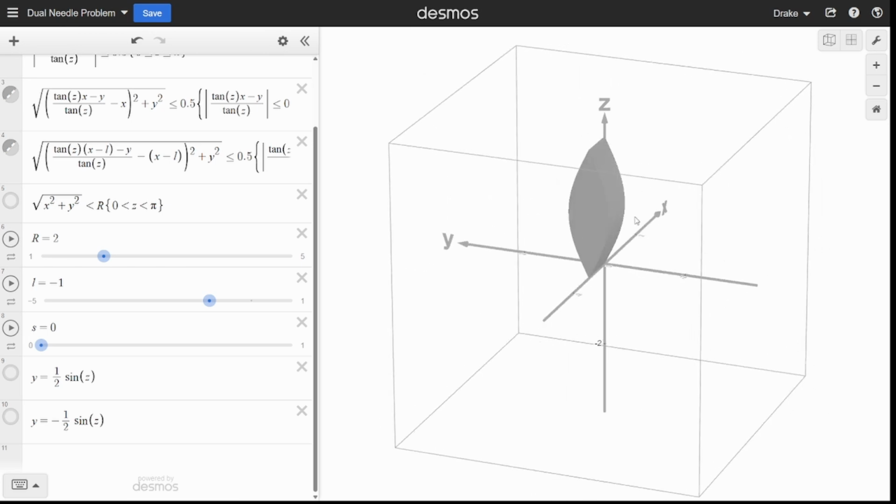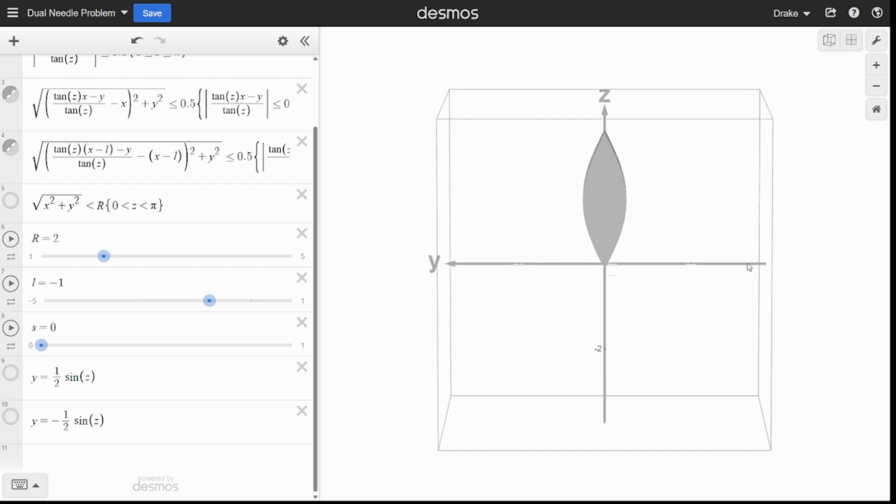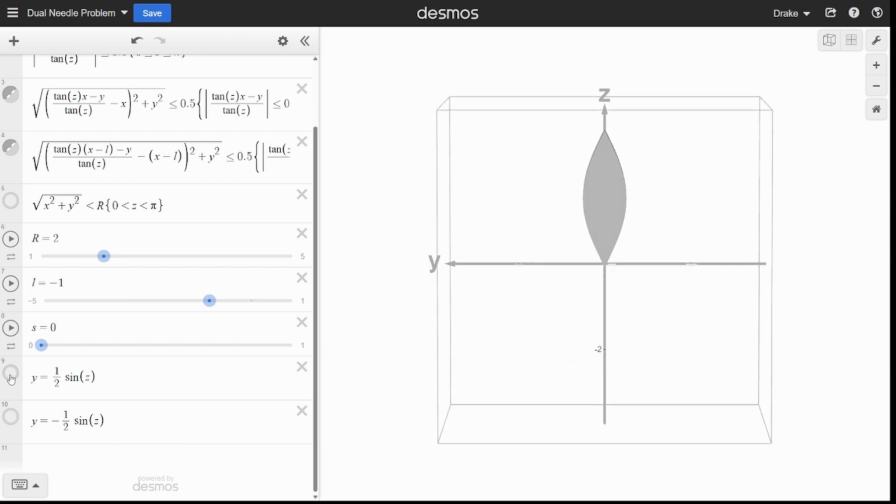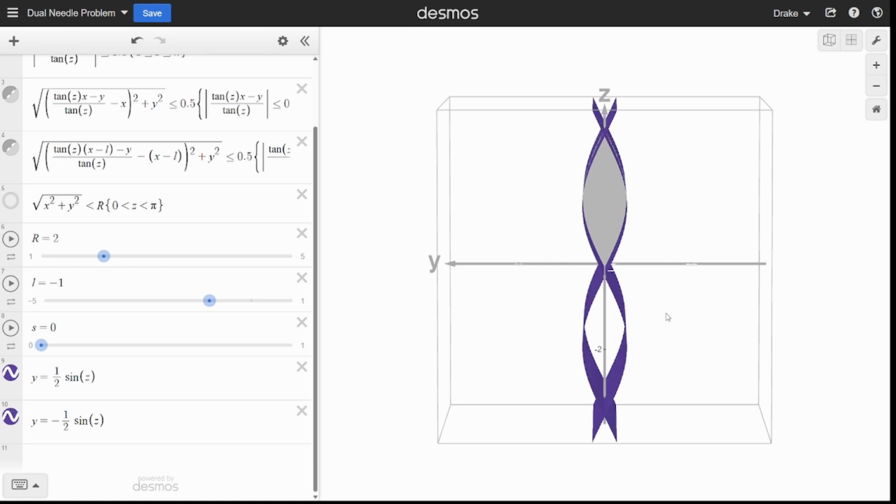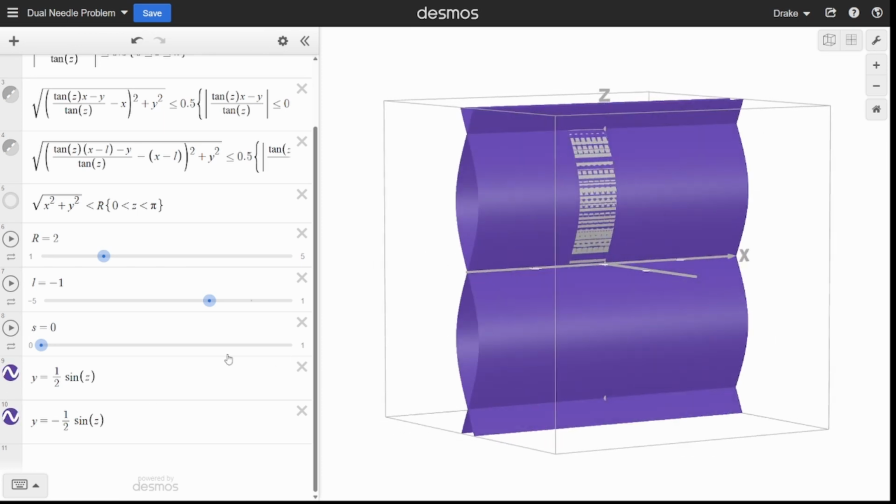Now this shape has an identical volume to our previous shape, but it is much easier to find the volume of this shape, especially since we can define these sides just by a few sinusoids, like so, and then we can just integrate this.